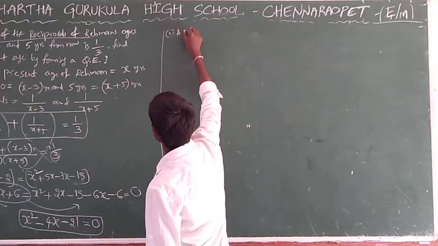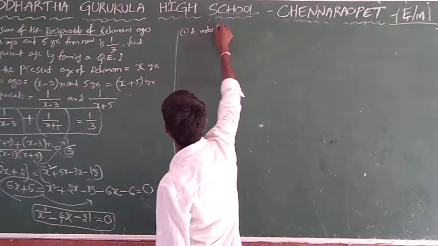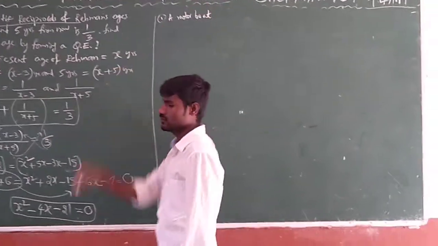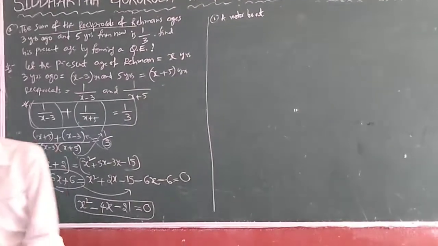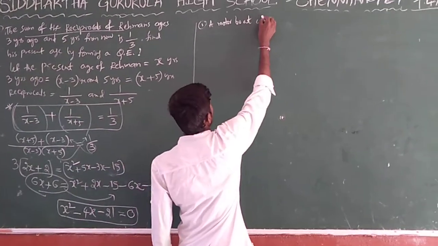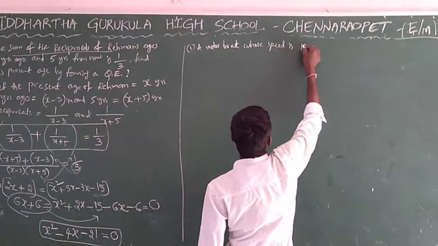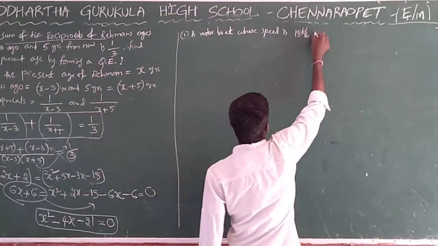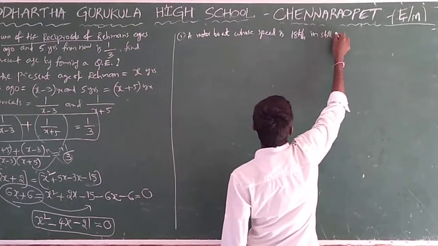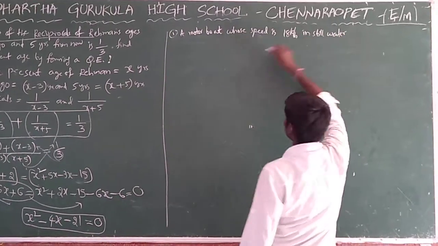A motor boat whose speed is 18 kilometer per hour in still water, means the speed of the motor boat.